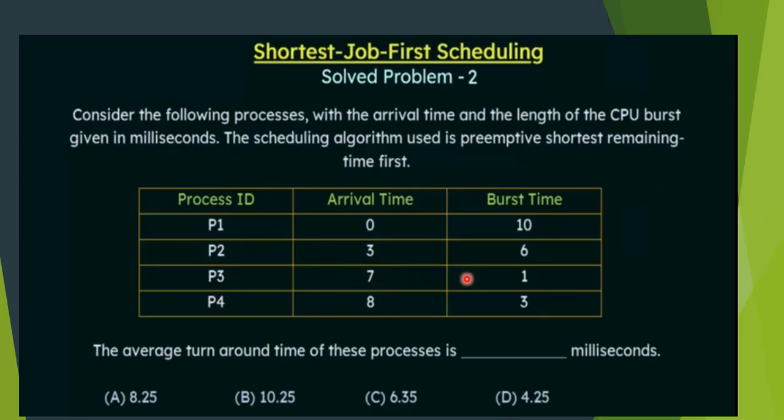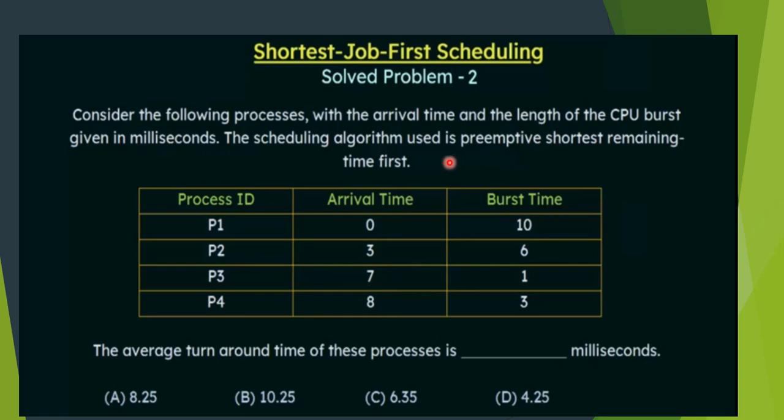Now we have another scenario here. We are told to consider the following processes with the arrival time and the length of CPU burst given in milliseconds. However, the scheduling algorithm used is preemptive, shortest remaining time first.